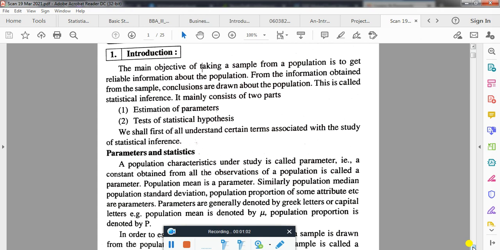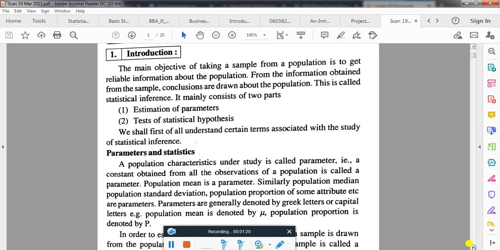So from the obtained sample, a conclusion should be drawn about the population, and it is called statistical inference. It is divided into two parts: estimation of the parameter and testing of statistical hypothesis.